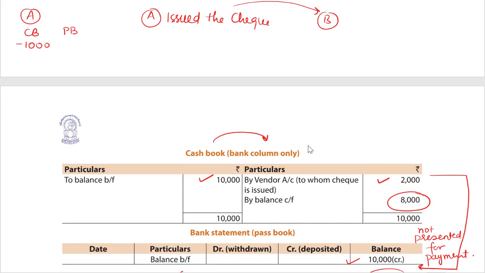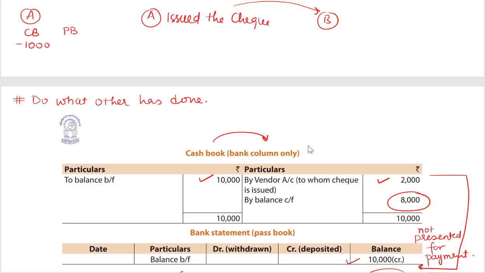How will you solve the question? What we need to do in this chapter is, there is a logic: do what other has done.